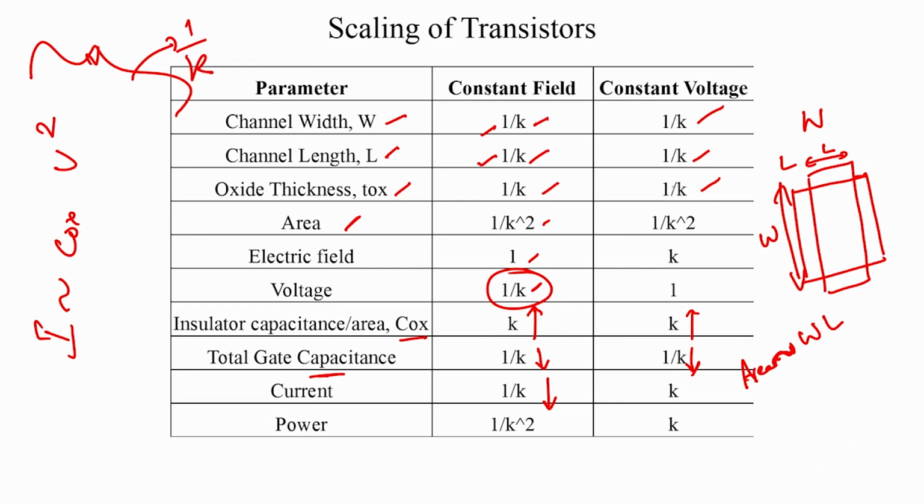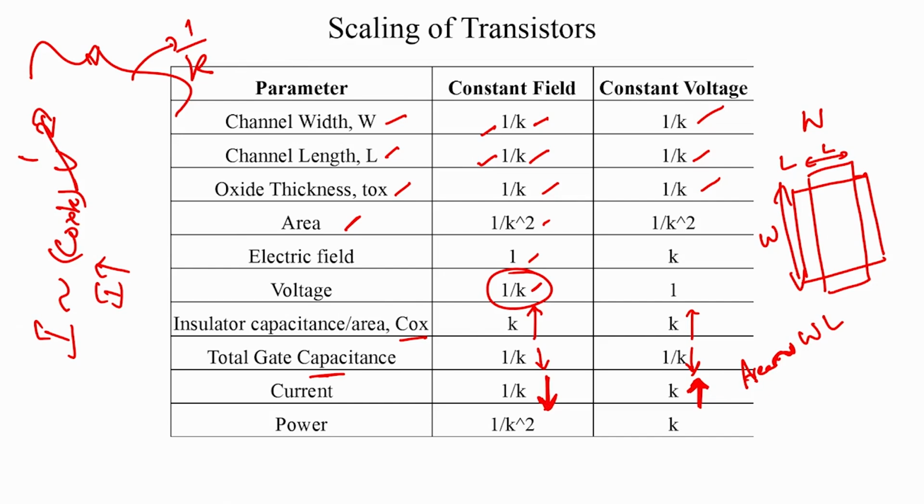So, in the case of constant voltage scaling V does not scale, so that remains 1, whereas Cox has increased by a factor of K. So, therefore, the current increases by a factor of K. Okay. So, you can see that in the constant field scaling case the current in the transistor decreases by a factor of K. In the constant voltage scaling case the current in the transistor increases by a factor of K.